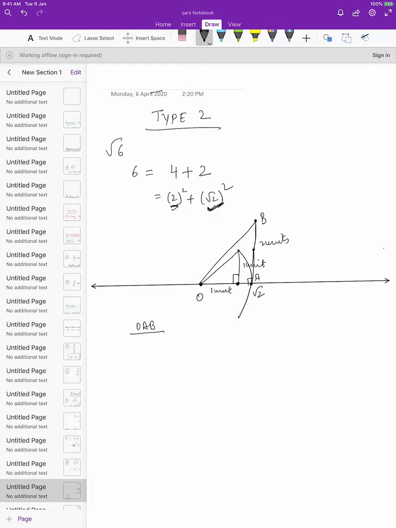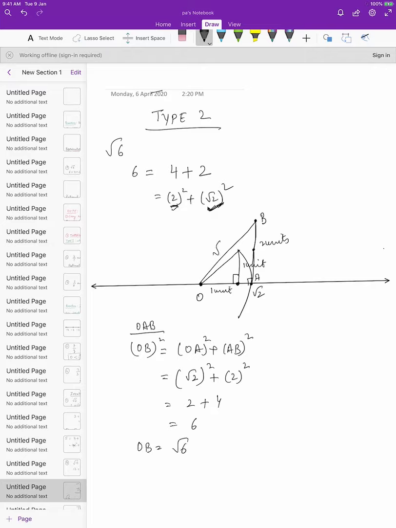Now in right triangle OAB, by Pythagoras theorem, OB square is equal to OA square plus AB square. Now OA is root 2 units and AB is 2 units. So we will get 2 plus 4, which is equal to 6. Hence OB is equal to root 6.